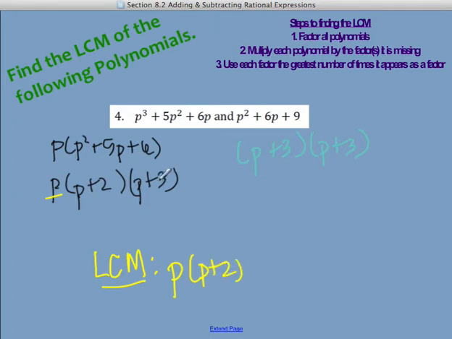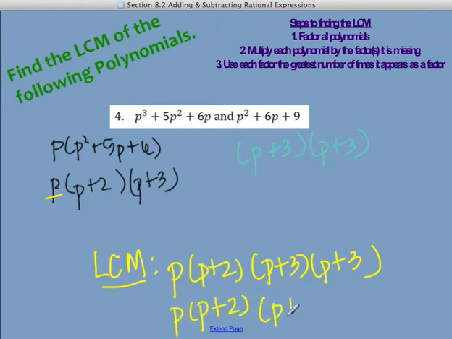Now there's 1 p plus 3 here, there's 2 p plus 3's here, so I write down the biggest number, so I write it down twice. So my least common multiple would be p times p plus 2 times p plus 3 times p plus 3. One way this would probably be written to simplify is p plus 3 squared. So this would be my least common multiple for example 4.